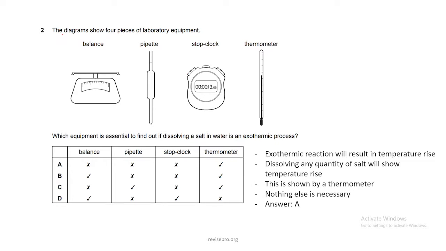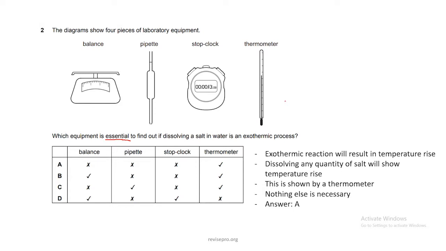Question 2. The diagrams show 4 pieces of laboratory equipment. Which equipment is essential to find out if dissolving salt in water is an exothermic process? Because the question asked which equipment is essential, there's really only one you need, which is a thermometer, because you can take a beaker of water, dissolve the salt in it, and measure the temperature before and after dissolving it.